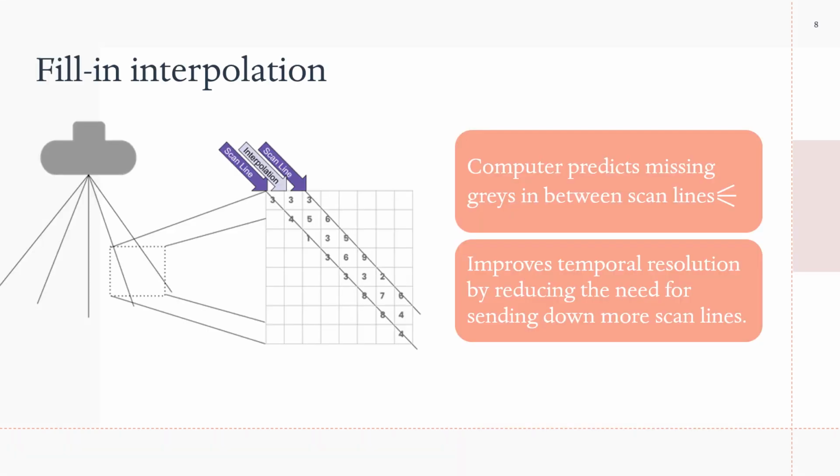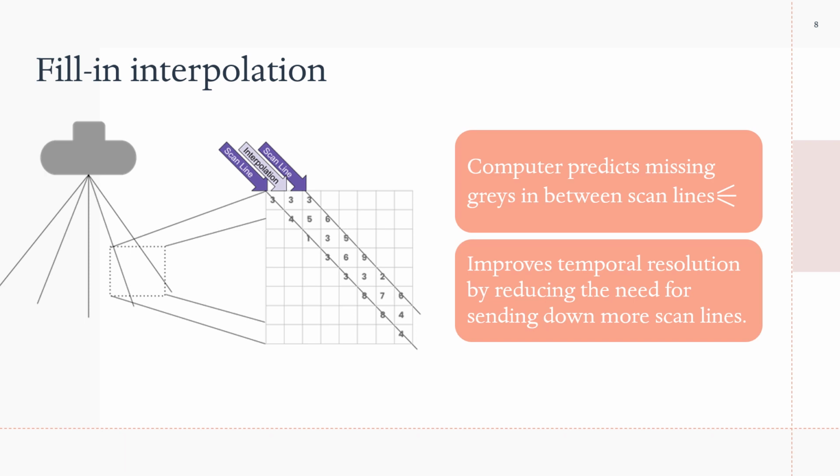So the last pre-processing function we will be discussing is fill-in interpolation. Fill-in interpolation predicts the missing grays in between scan lines. So basically with a curved linear array, for example, the scan lines are a lot closer together, and the further you go into the body, the more the scan lines separate. This leaves missing information in between scan lines, so fill-in interpolation will fill in those missing grays the deeper we go into the body.